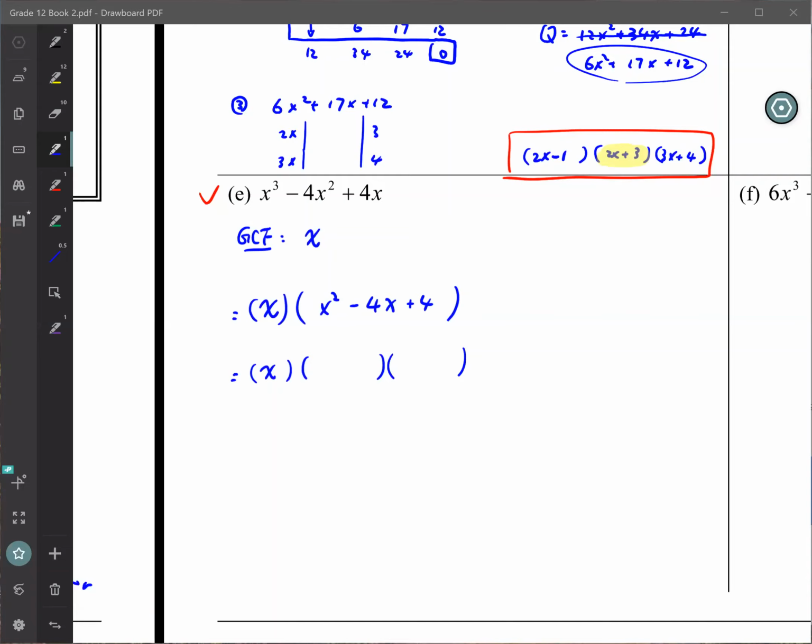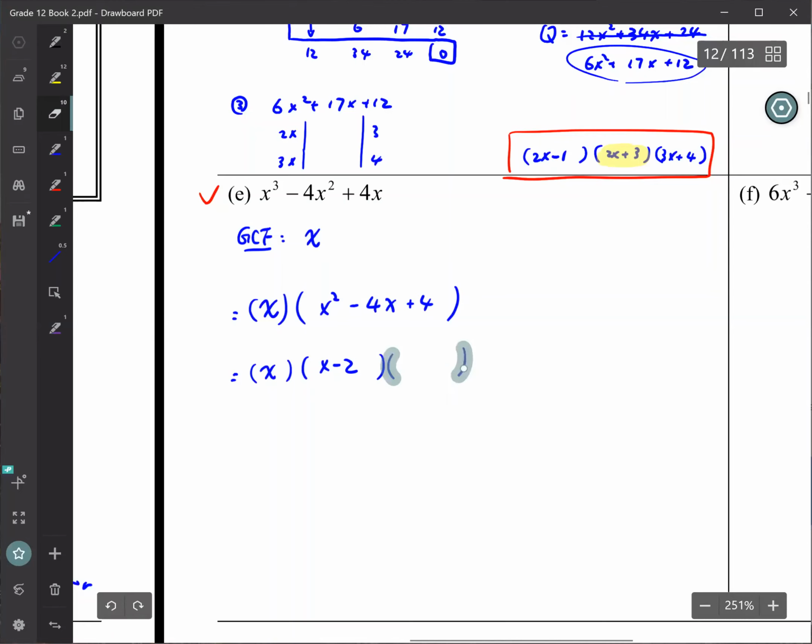Donna, are you there? X minus 2. Yes, okay, X minus 2. Both of them are X minus 2, so you could also write it together as a square, okay? So that's your final answer.